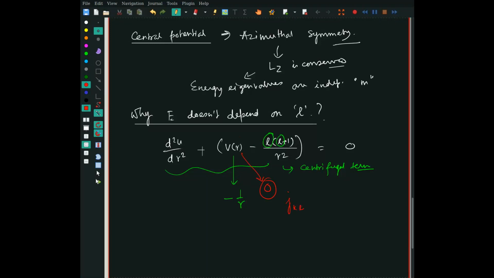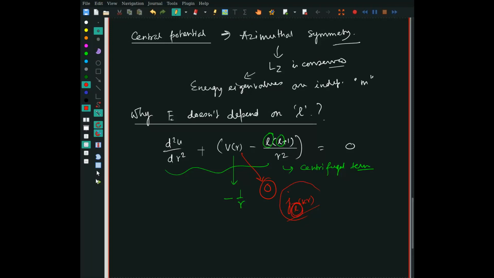Have you done the spherical Bessel functions, a function like j_l(kr)? Good. It depends on this all-important l, and the energies will also depend on this l.